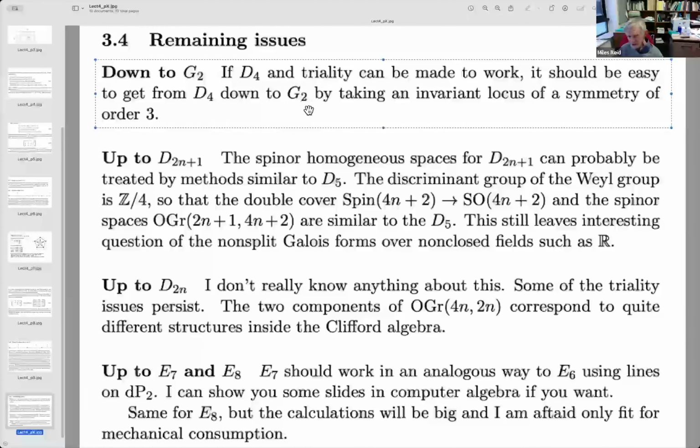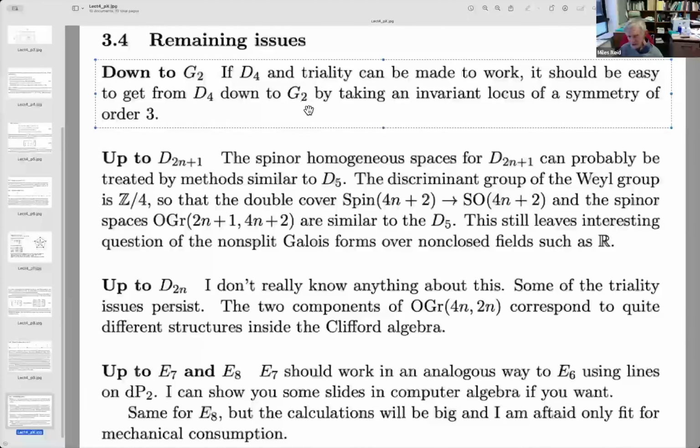You've heard of the octonion algebra as an 8-dimensional algebra over the reals. But I'm an algebraic geometer, so everything for me is over the complexes.